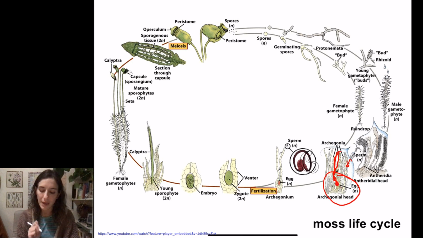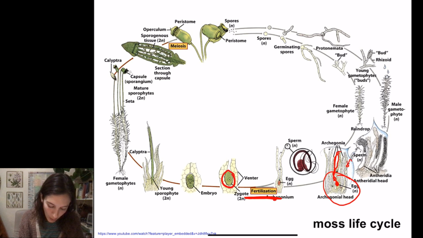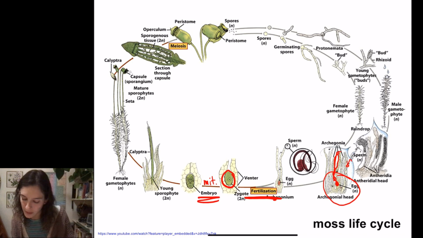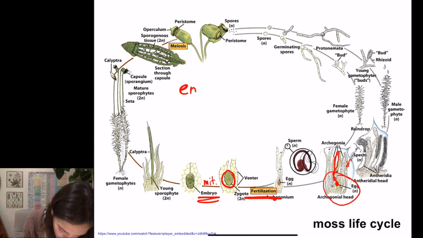Now the egg is retained on the female gametophyte, and fertilization takes place right there, and mitosis happens right there. So fertilization of the sperm and egg gives us a zygote, and that zygote undergoes mitosis. That's what an embryo is, really. Let me define this term, because the term embryo is very important.